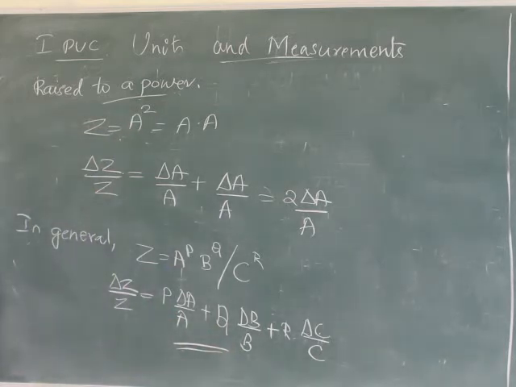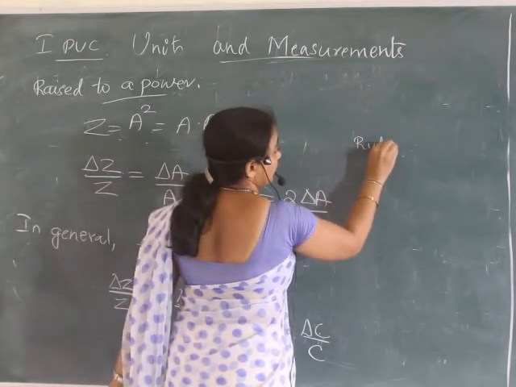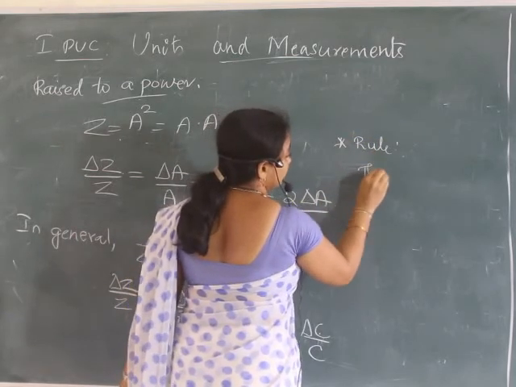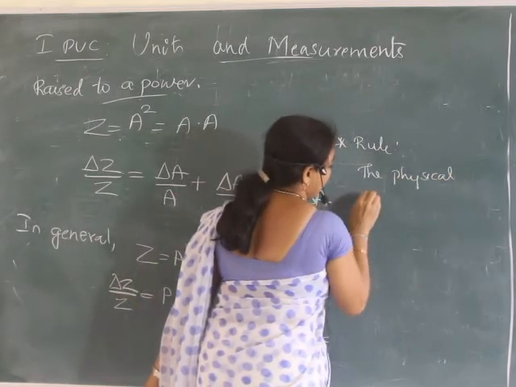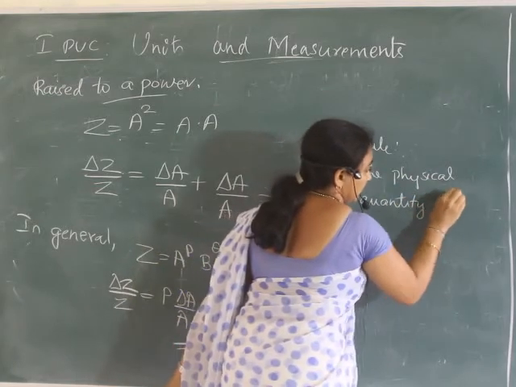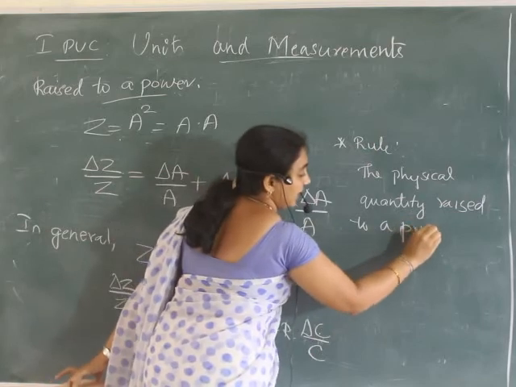So what is the rule? The relative error in a physical quantity raised to a power, okay, here we will write one rule. Raised to a power, what happens?